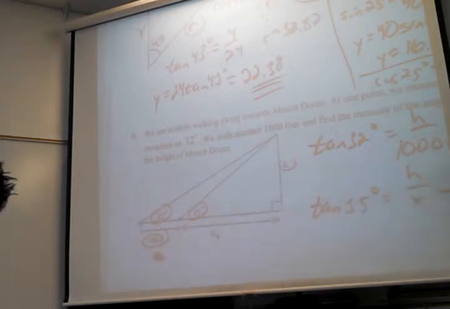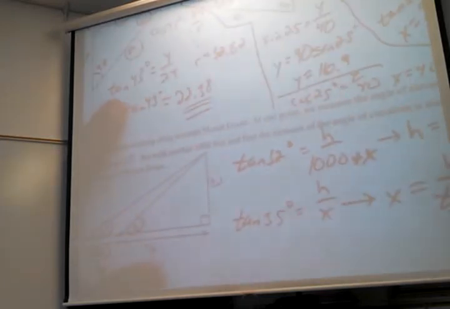That's why it's worse. I needed 2 relationships. But how did I set them up? I used tangent because tangent related what I want to know with what I know. So just remember, that's the basic of any of these trig problems. The flagpole problem we did before, and so forth. Which trig function do you want to use that relates what you need to know with what you currently know?